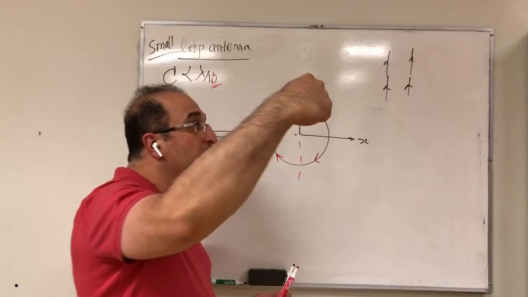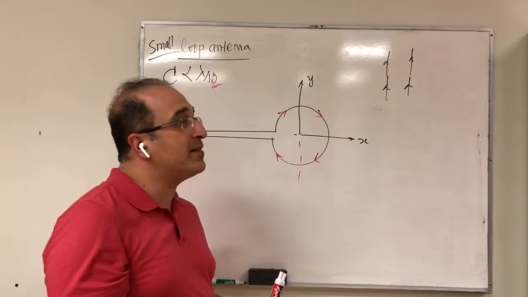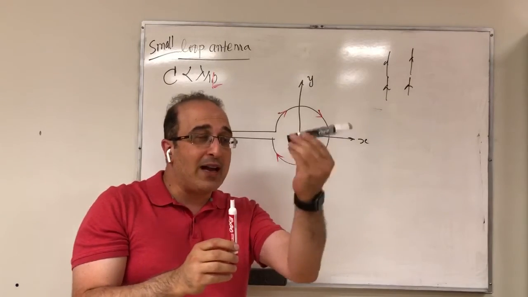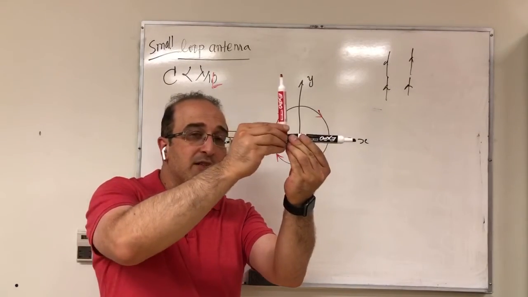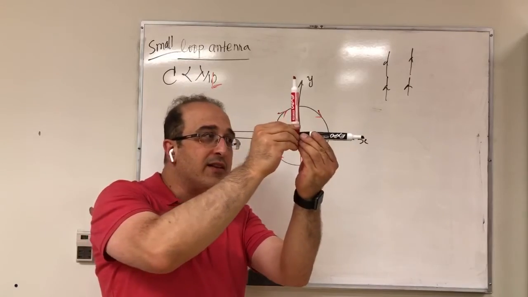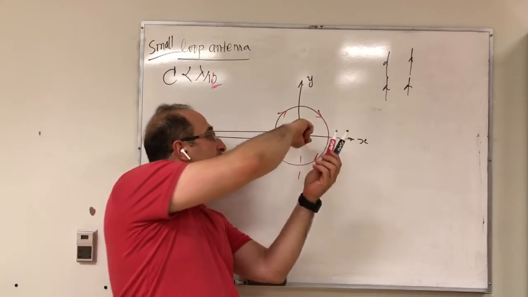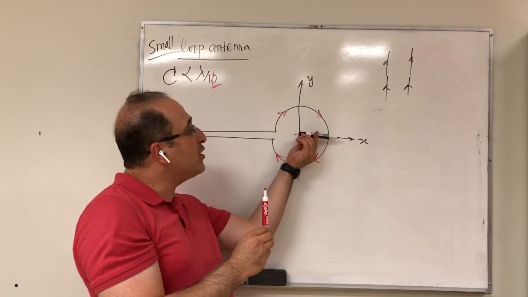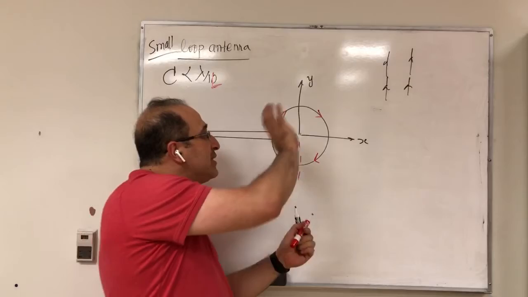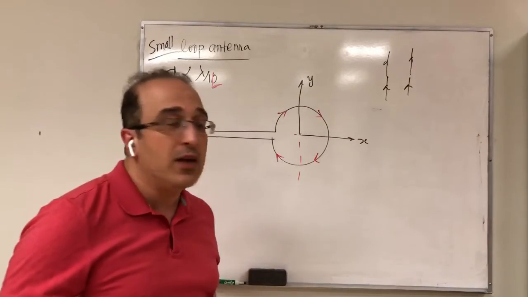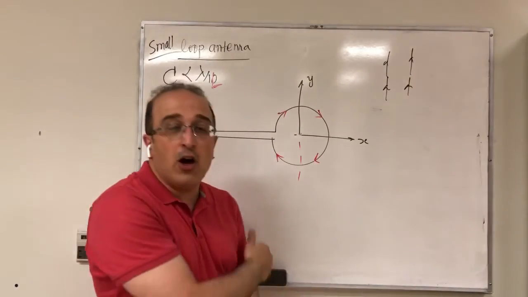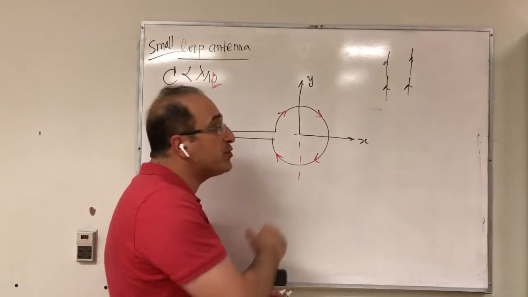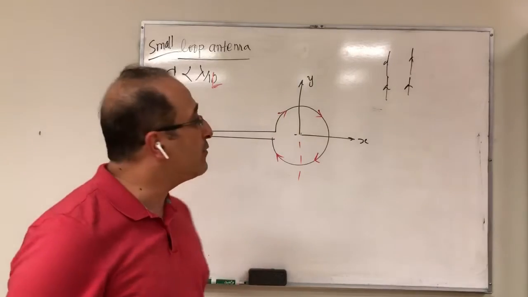Whereas if you come in this direction toward the loop antenna, remember, this is the direction of wave propagation, but the direction of the magnetic field should be in this direction. This is your E, this is your H, they're traveling together. So this is the direction of the electromagnetic wave, and this is the direction of B that's going to interact with this loop. But this loop expects this magnetic field, so therefore it cannot receive any signal, and there is no reception. You could say in transmission there would be a null.